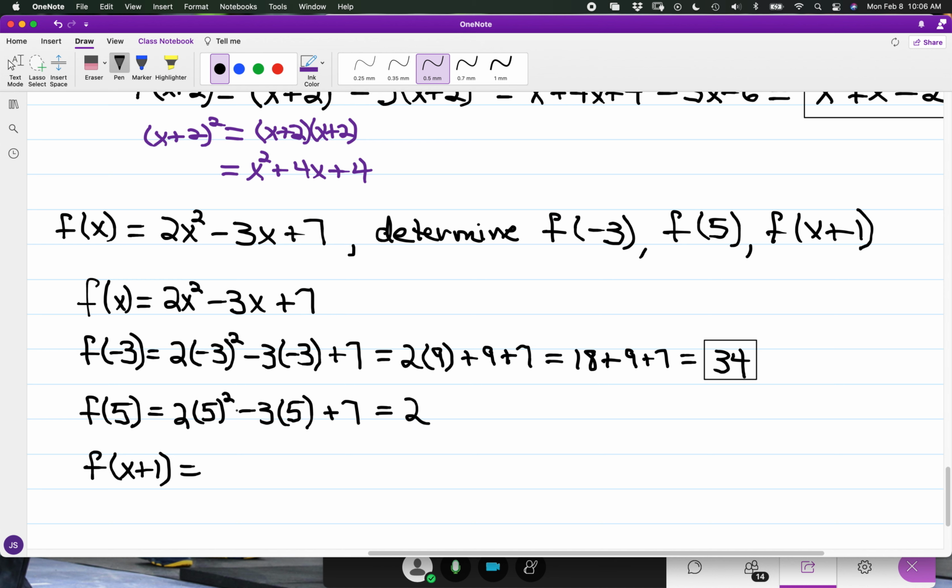Here we have 5 squared is 25, and negative 3 times 5 is negative 15. We have the addition of 7 to trail. And here we have 2 times 25 is 50, and minus 15 gives 35, and plus 7. So we'll have the output at 42.